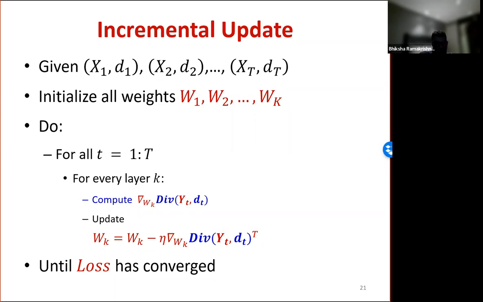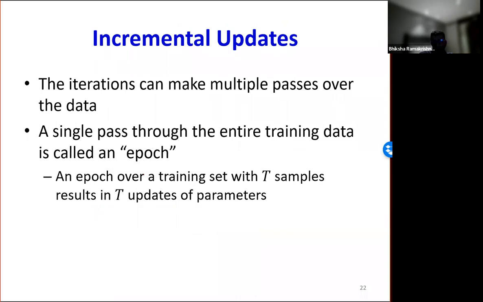And so you're going to make your updates instantly. The iterations can make multiple passes over the training data. So a single pass over the entire training data is what we will call an epoch. An epoch over a training set of T samples results in T updates of parameters.